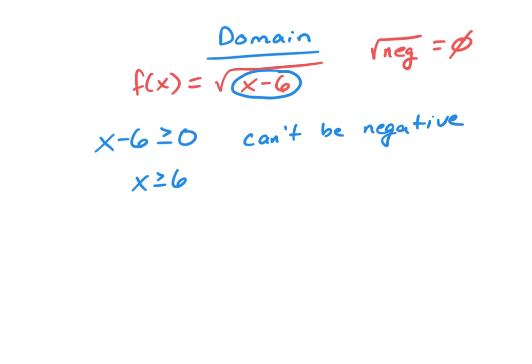And so when I write my answer, we would say everything from 6 to infinity. And we're going to include 6, because it could be 0. So that's just a scenario where we might use inequalities to answer a question, and especially domain questions.